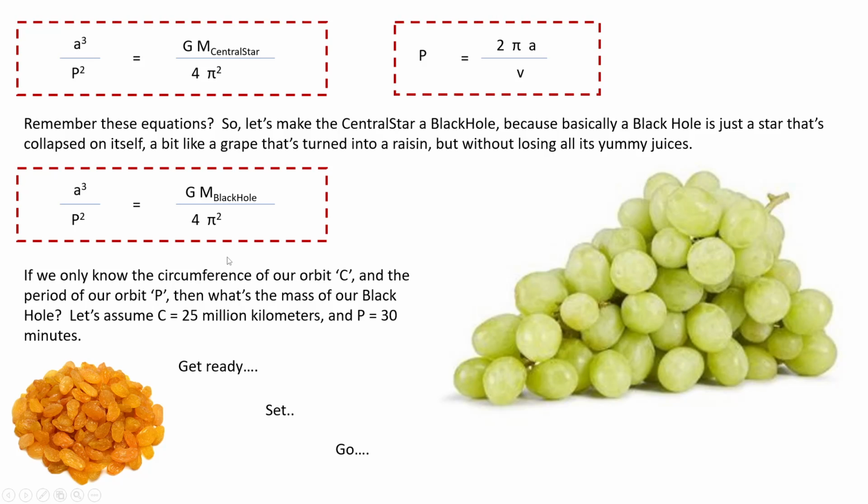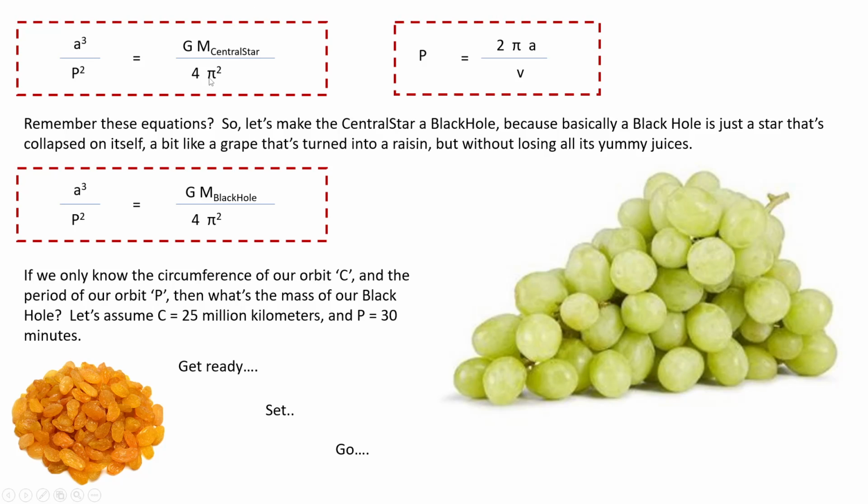So, we have these two equations from the previous videos. a cubed over P squared equals G M central star divided by 4 pi squared, and the period equals 2 pi a over the velocity. So you remember those equations? So let's make the central star a black hole.